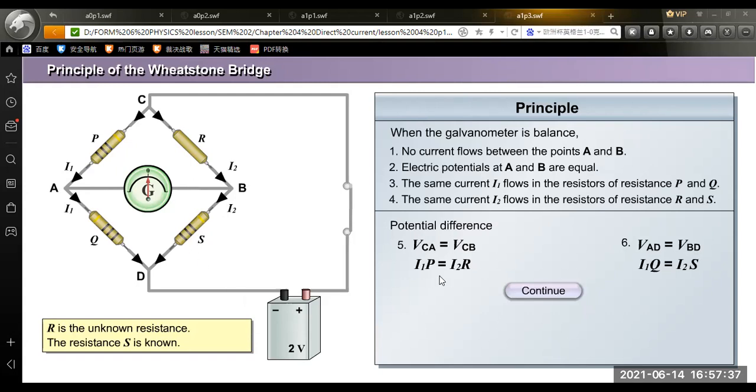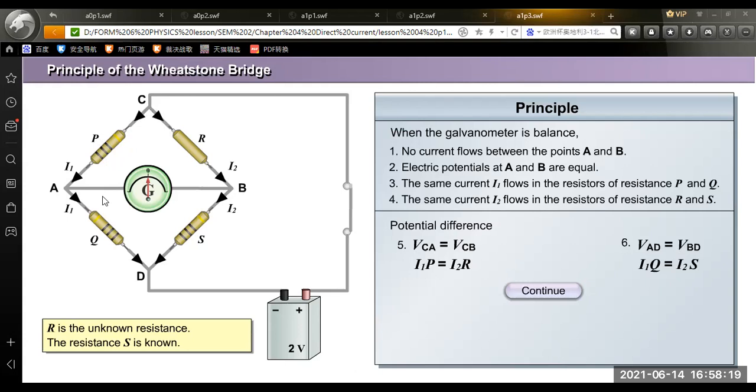So the potential difference VCA is equal to the potential difference VCB. So CA equals CB. This means no potential difference. Another one should be VAD equal to VBD. The potential difference across CA equals the potential difference across CB.